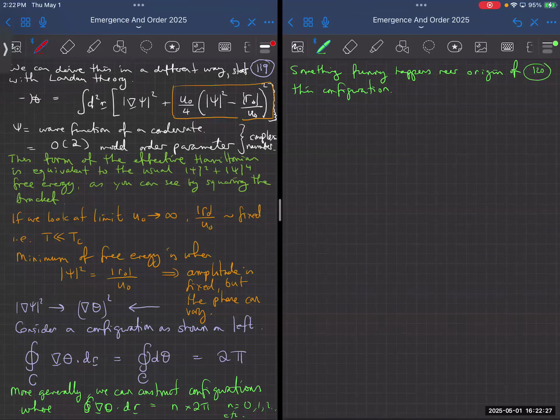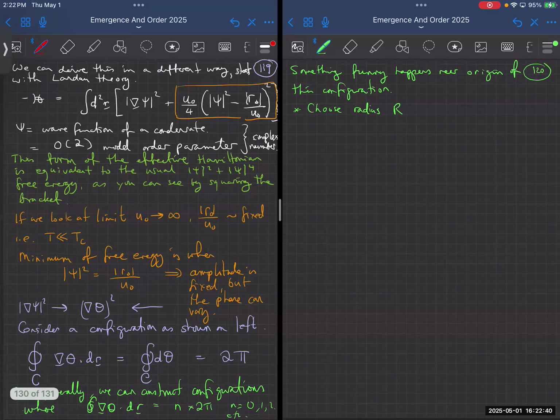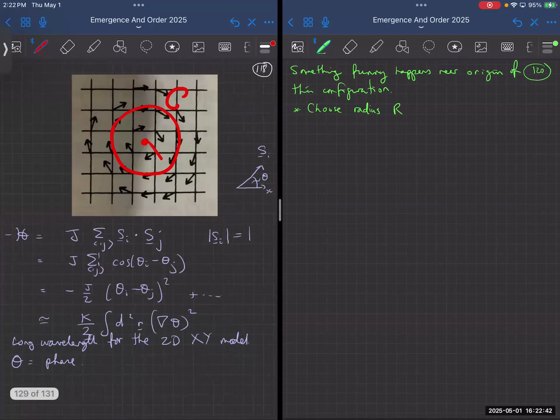So what we're going to do is choose the radius r of our curve. Here is my curve, there is the radius r. I'm going to choose that radius r to be much greater than the lattice spacing, so not in fact as shown in the picture there.